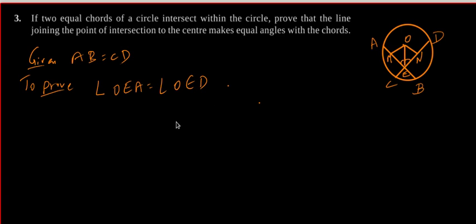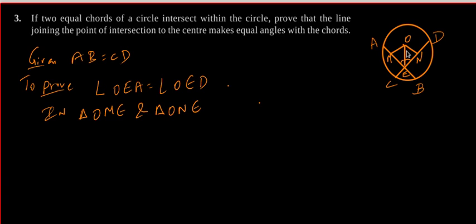You need to prove these two angles are equal. These two angles are inside these two triangles. So if we prove the congruency of these two triangles, by CPCT itself we can say these two angles are equal. So in triangle OME and triangle ONE.